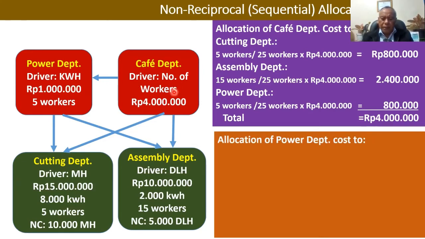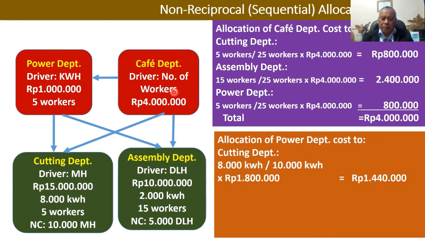For the allocation of power department cost to cutting department, we use kilowatt hours. The cutting department consumes 8,000 kilowatt hours times 1,800,000, which is 1 million plus the power department cost allocation of 800,000.